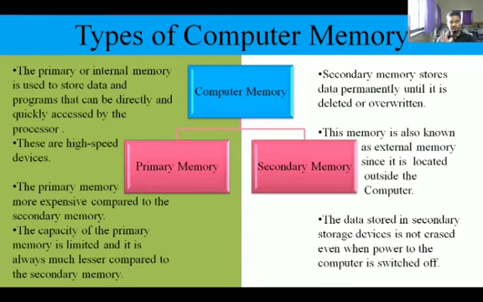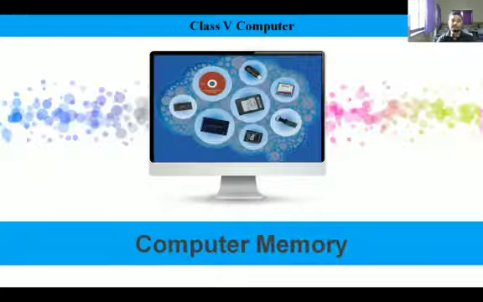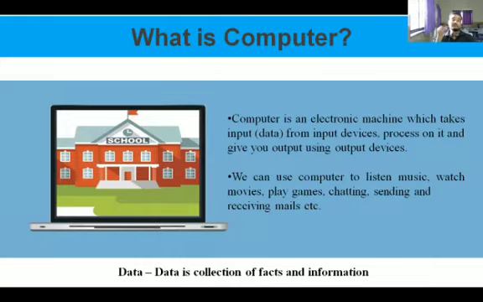So understood? Once again I'll repeat it. We'll go back to the first slide. What is a computer? A computer is an electronic machine because it works on electricity. It takes input from which devices? Input devices. Then it processes on it using which device? Processing unit.